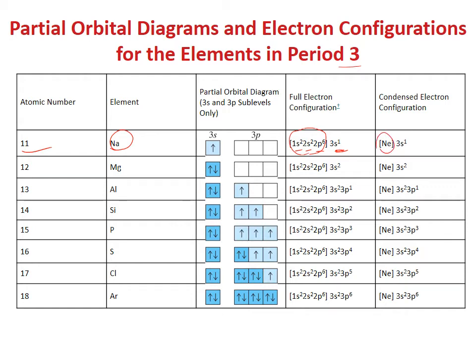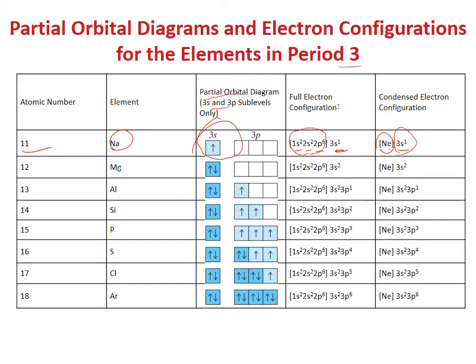So the condensed electron configuration is a bracket, neon bracket, and then 3s1, to only show this highest energy sublevel orbital. And in the partial orbital diagram, we only show 3s, 3p.